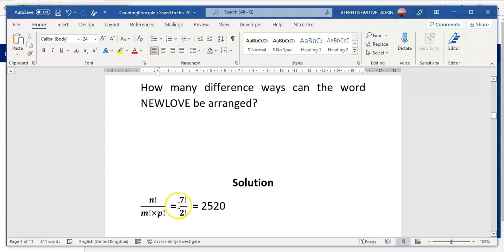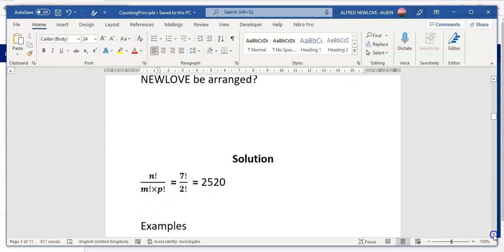Okay, we'll look at another one where we make use of the P, because the formula is what? N factorial over a different value, factorial times a different letter, factorial. Okay, so let's see how we press the factorial on the calculator.